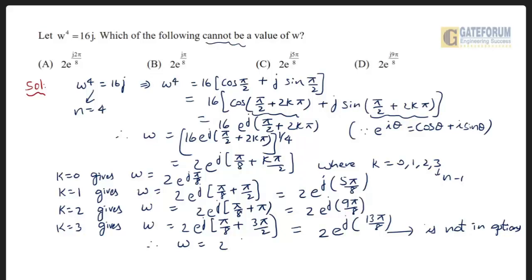w is equal to 2 times e to the power j times 2 pi by 8 is not a value of w.